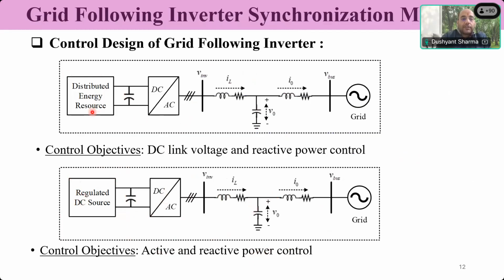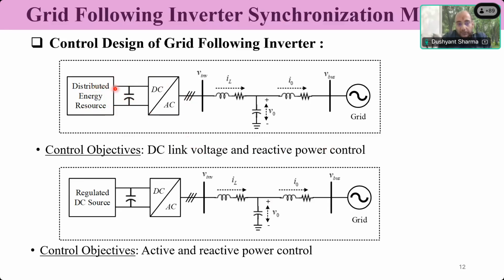Second case, if you have a distributed energy resource like a PV, and you know PV is variable, the DC voltage is not constant. In that case, the same way you can control DC voltage and reactive power, because control of DC voltage and control of active power are basically the same. Why are they the same? Because both are energy. The DC voltage is also related to the power flow. If more power comes from the source and less power goes out, the DC voltage will rise.